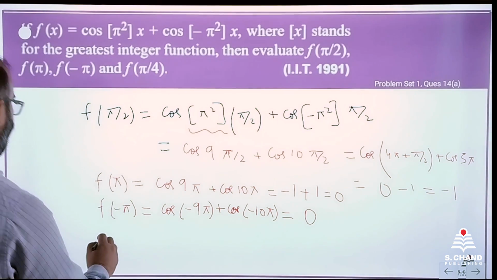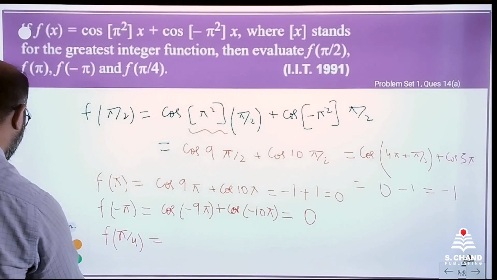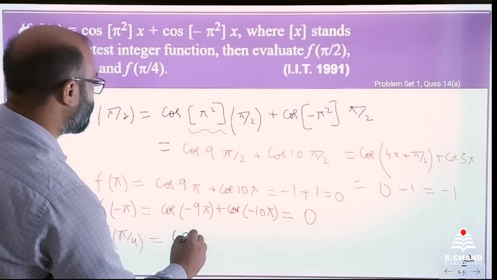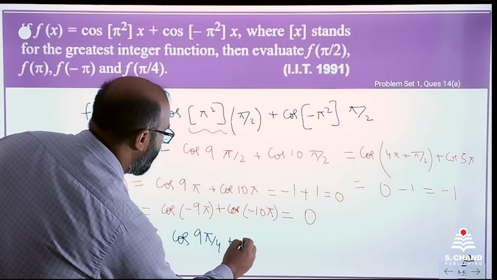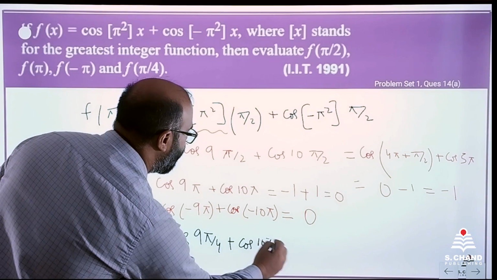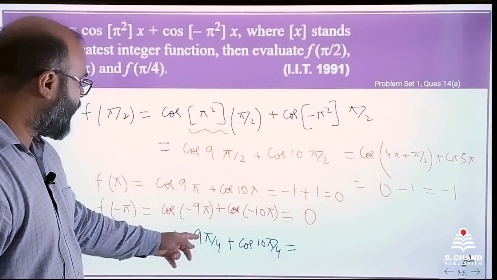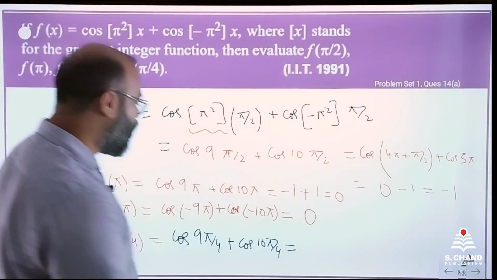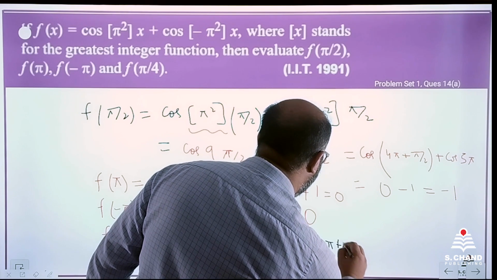If we talk about f of pi by 4, what will happen? f of pi by 4 is cos of 9 pi by 4 plus cos of 10 pi by 4. Now if you take the values here, cos 9 pi by 4 is actually cos of 2 pi plus pi by 4, right?